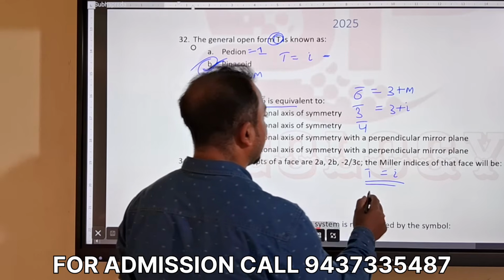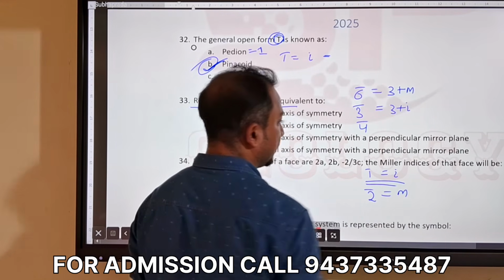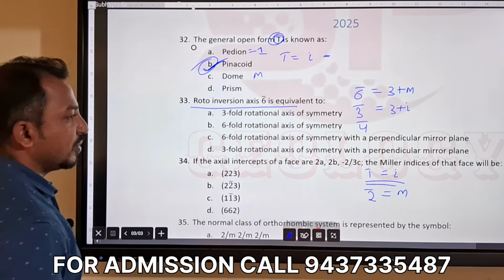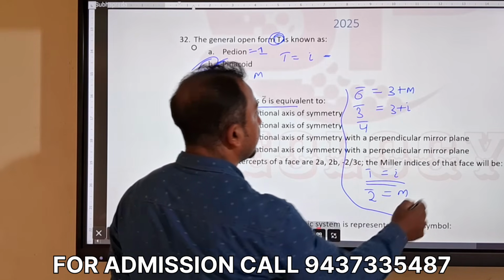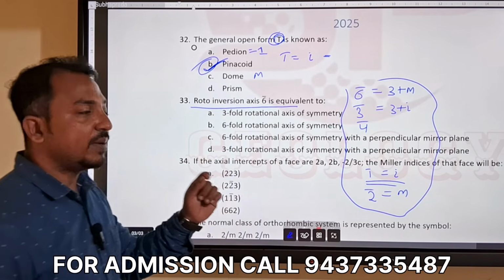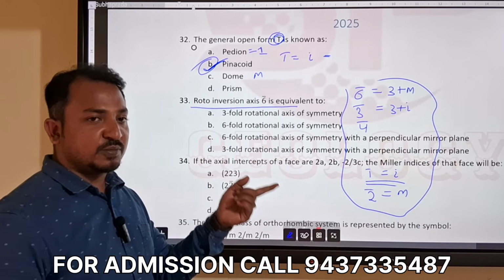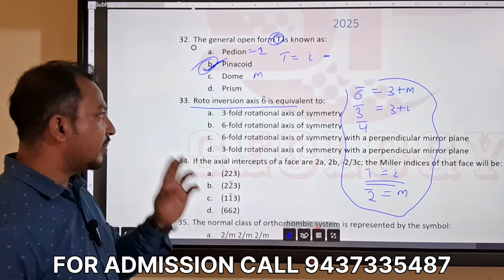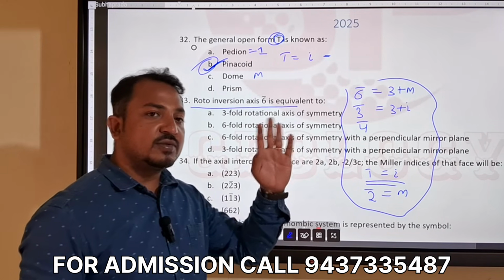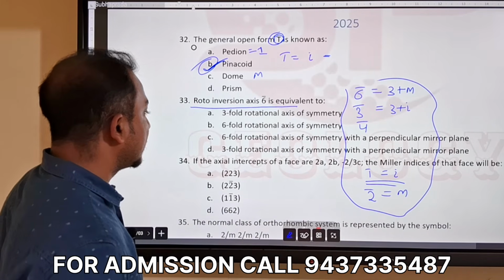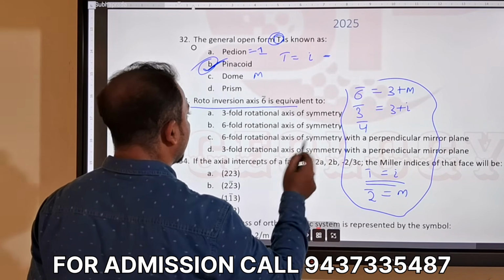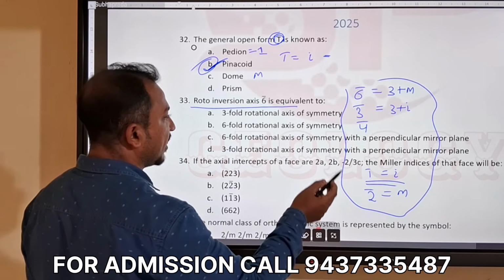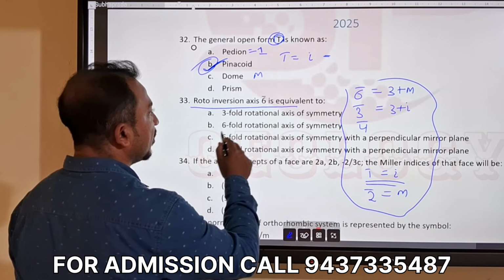Then 2 bar is equivalent to a mirror plane. So remember these things, it is very important. 6 bar means we have 3-fold plus a perpendicular mirror plane. 3 bar means we have 3-fold with inversion. 4 bar is simple 4 bar, 1 bar is inversion, 2 bar is mirror plane.